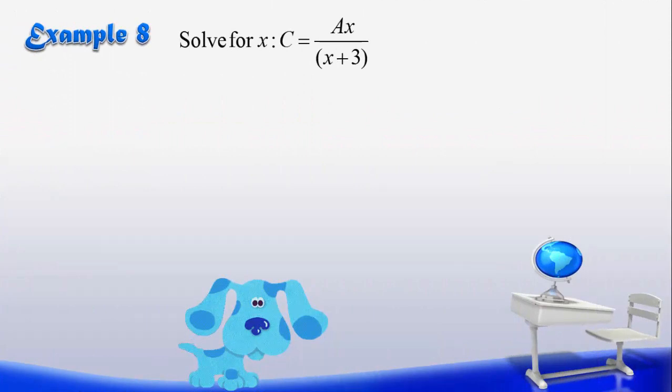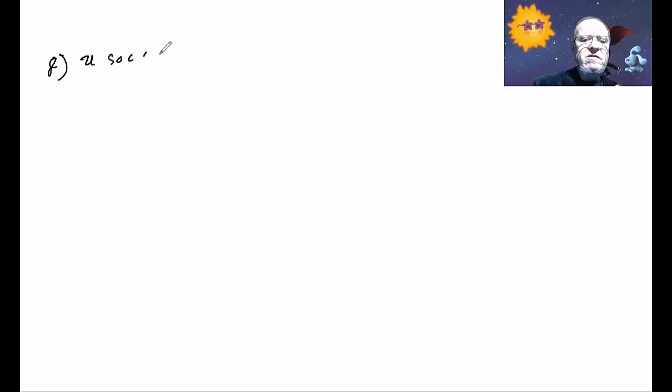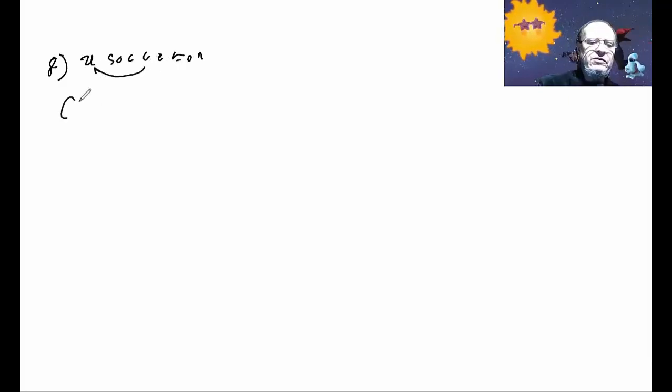In example number 8, I'm asked to solve for x in this situation. I have c is equal to ax over x plus 3. So let us go over to the whiteboard and see how I would solve for x in a situation like this. In this last problem, example number 8, we want to solve for x in this particular situation.